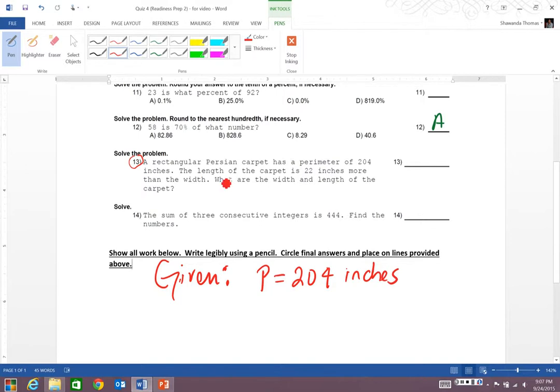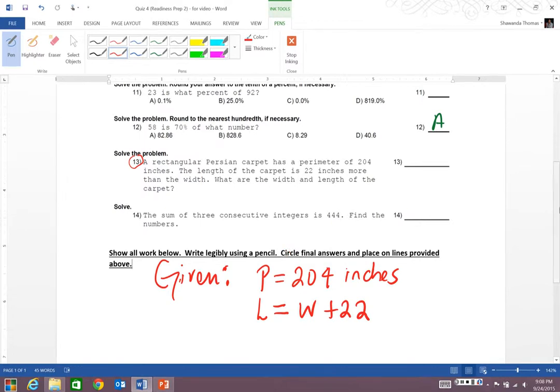We also know that the length of the carpet, let's let L equal length, is 22 inches more than the width. So we could write that as W plus 22, or you could have written it as 22 plus W. What are the width and the length of the carpet?